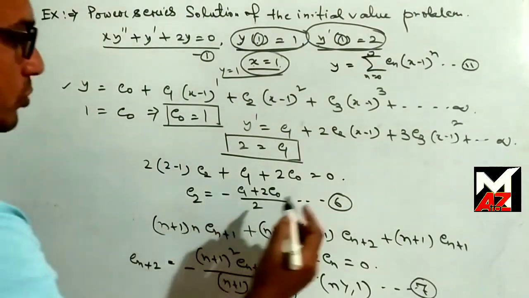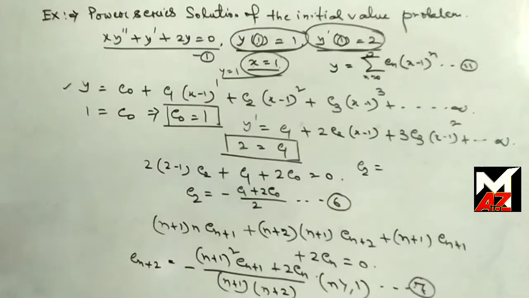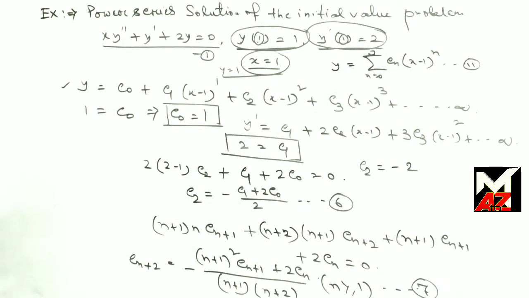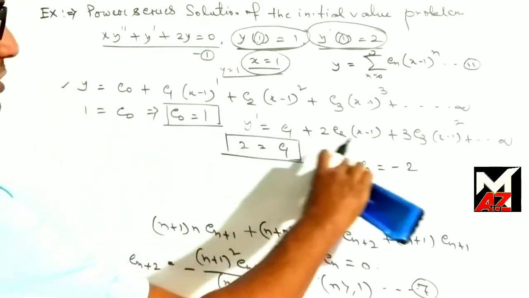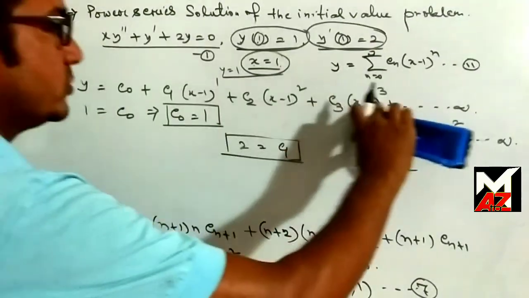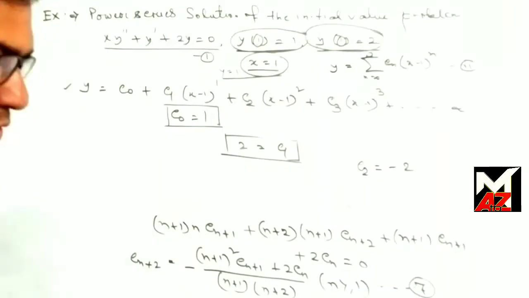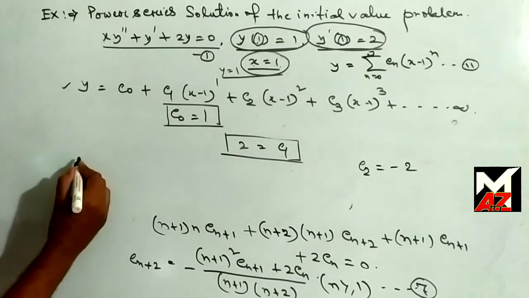Now we put C2 equal to minus 2, and then from the value of C0, C1 and C2, we get the value of C3 by putting n equal to 1.